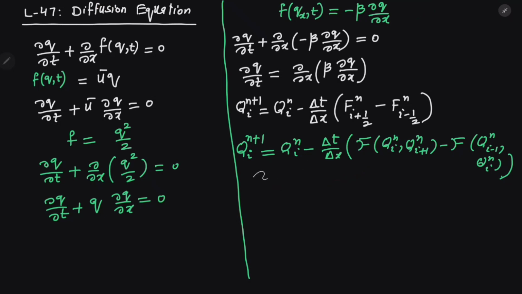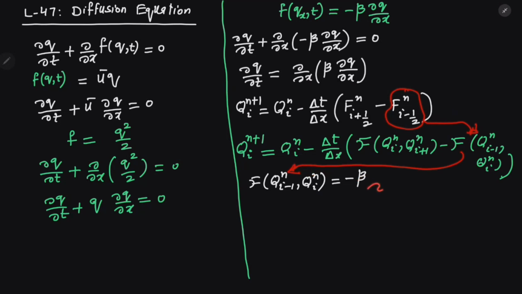So we write the flux F of q n i minus 1 and q n i is equal to minus beta, since we are putting the value for i minus 1 half over here. Beta is a variable, so we can keep this as beta i minus 1 half.